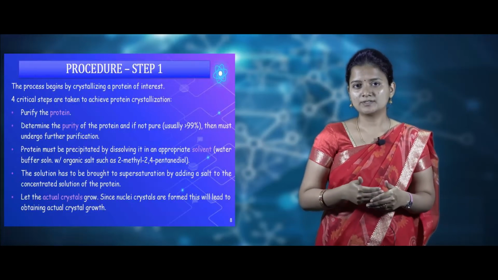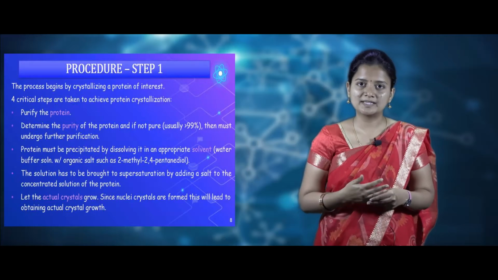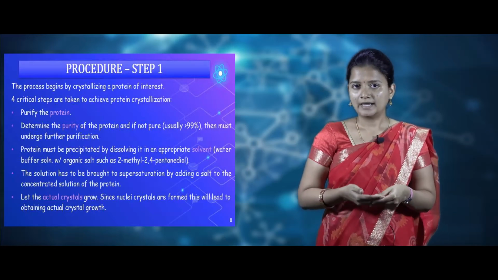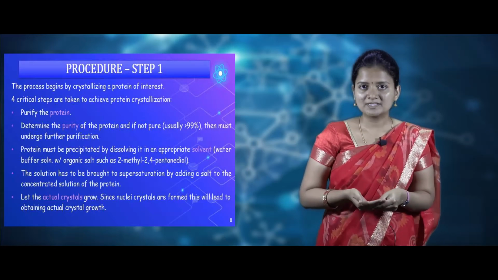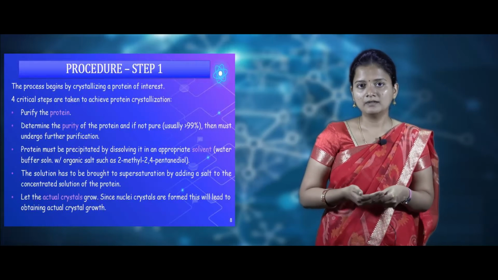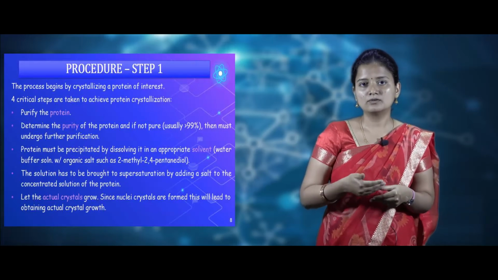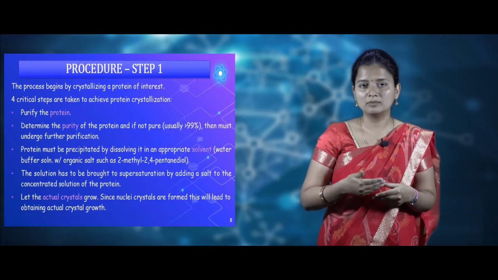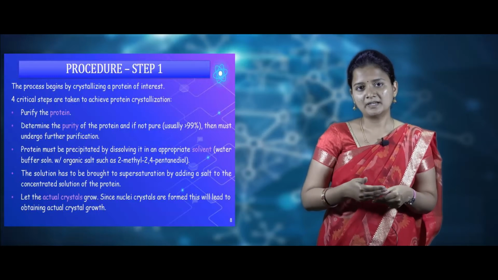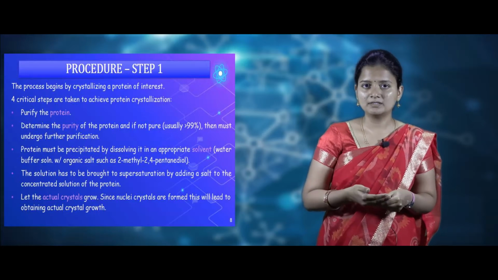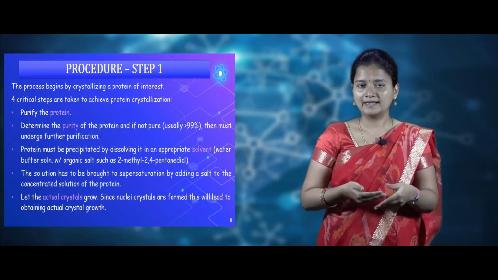Crystal formation has three main stages: supersaturation, nucleation, and then crystal growth. Supersaturation is the condition where the solution holds more solute than its solubility allows, and it can be achieved by many methods like evaporation, cooling, and addition.